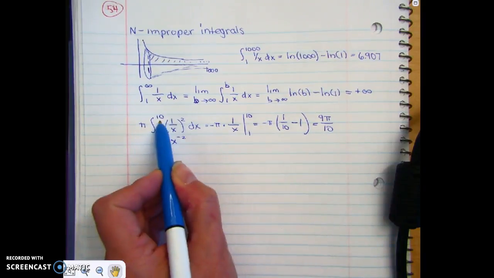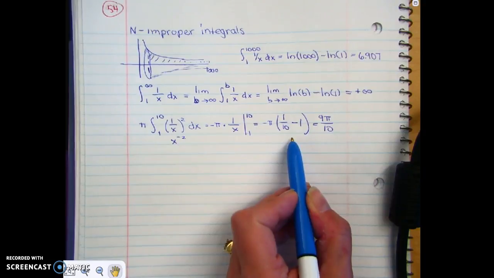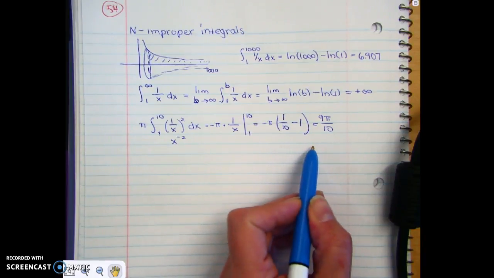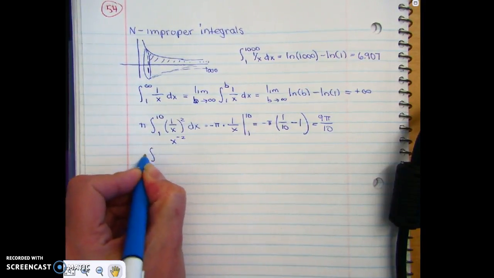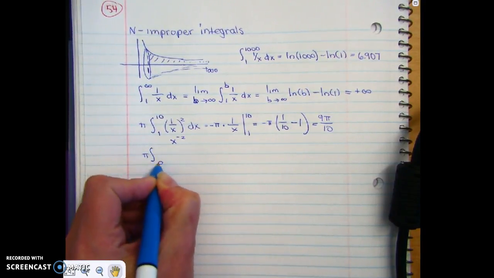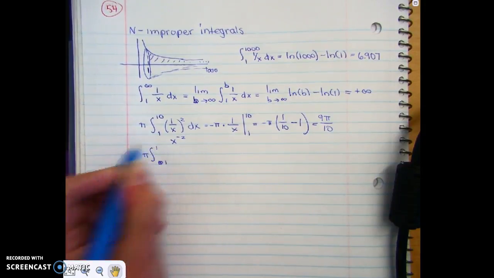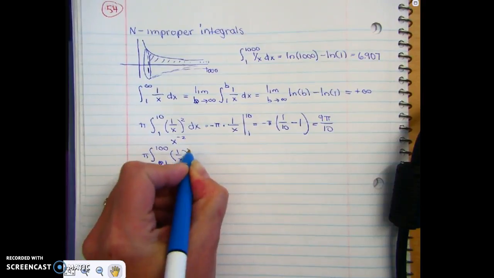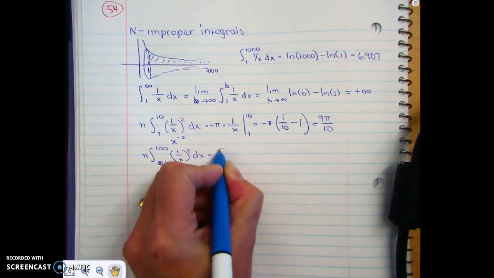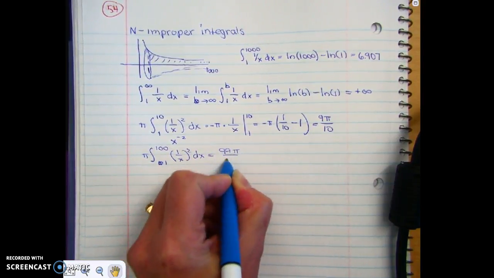And if I change this to 1,000, this is going to become 999 thousandths, yes? If I change it to 1,000,000 times pi, are you all right with this? So pi times the integral from 1 to 100 of 1 over x squared dx is going to be 99 pi hundredths.